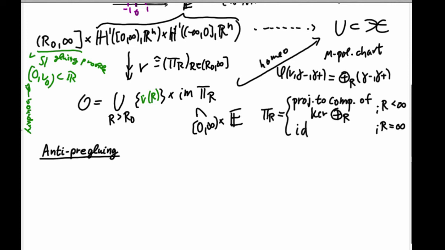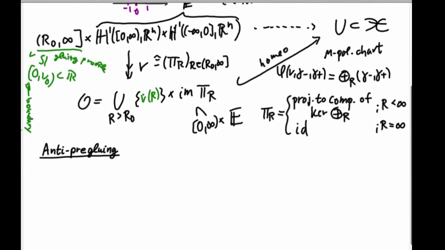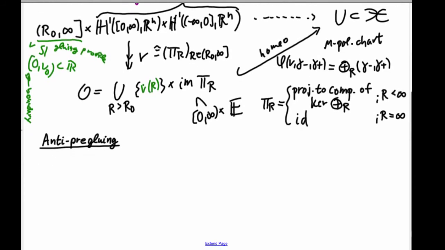I'm going to make it bijective by restricting to the right space. I then need to still wonder whether the inverse is continuous. It is going to be. And the key to making this projection here, this needs to be a very special one.